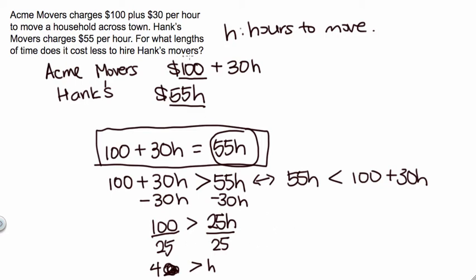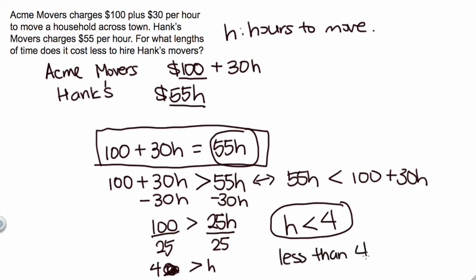And to answer this question, what lengths of time does it cost less to hire Hanks Movers? If hours is less than 4, then Hanks is a better choice. So less than 4 hours is your solution.